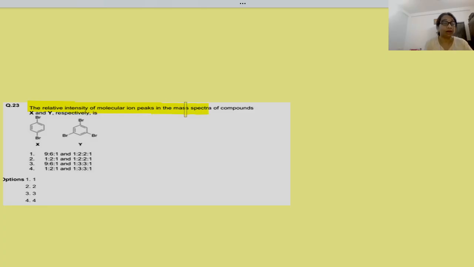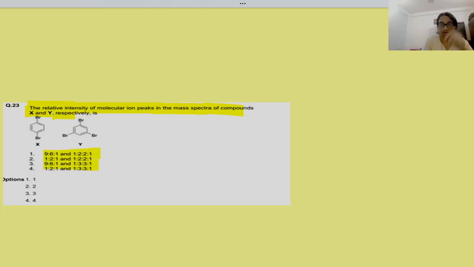They are talking about mass spectroscopy and the relative intensity of the molecular ion peak of compounds X and Y. Two compounds are given, and in mass spectroscopy we can find the mass of a particular compound on the basis of its peaks or intensity. There are four options given according to the relative intensity.